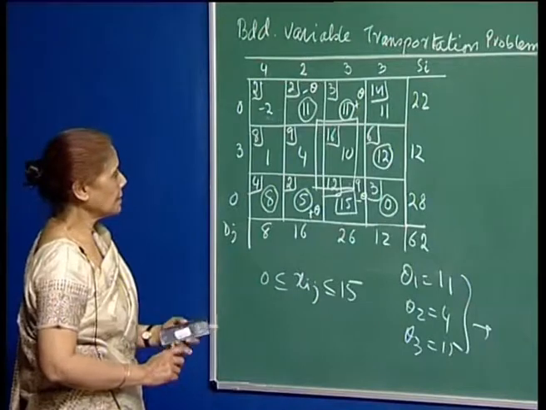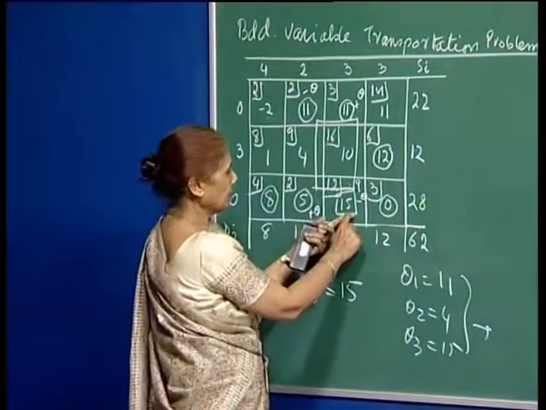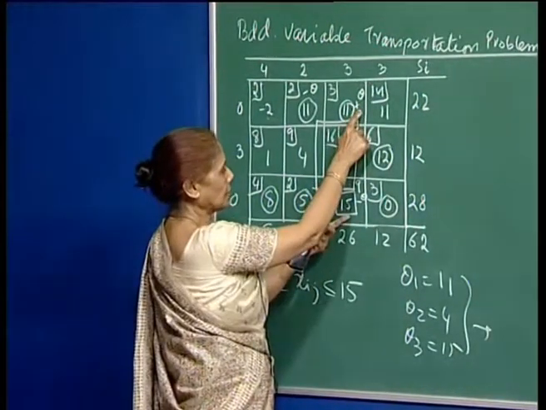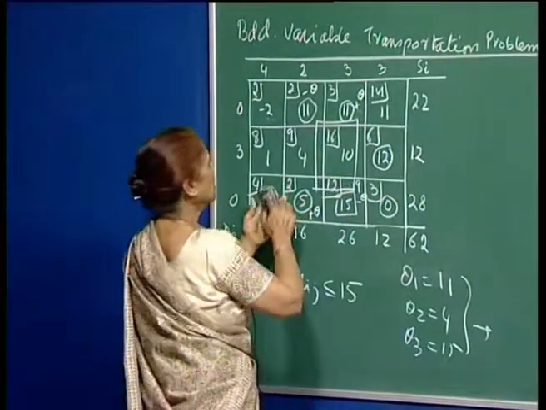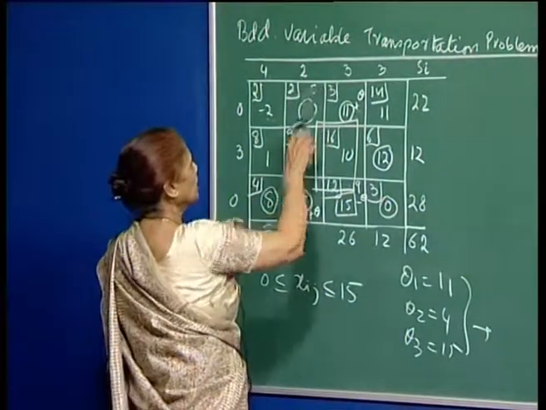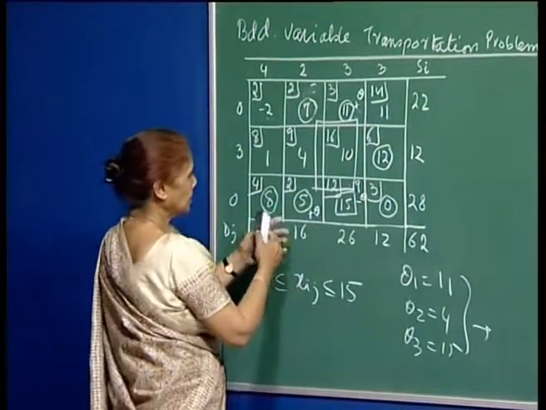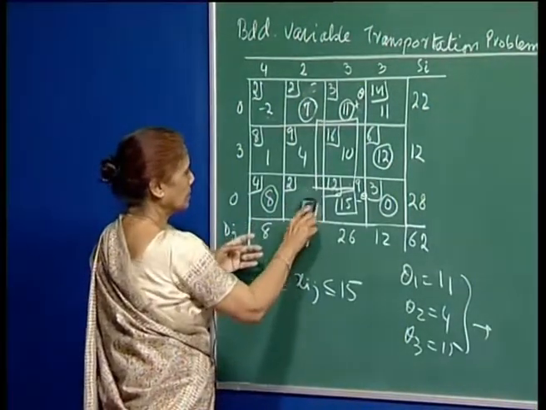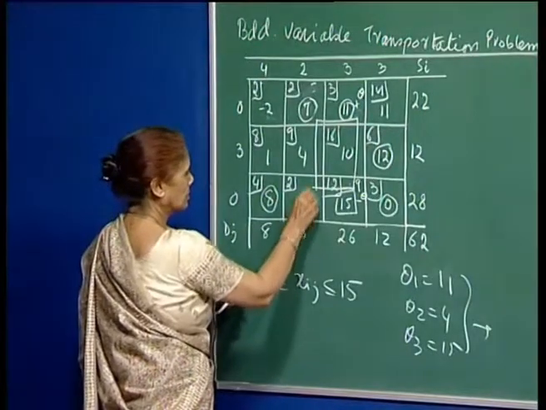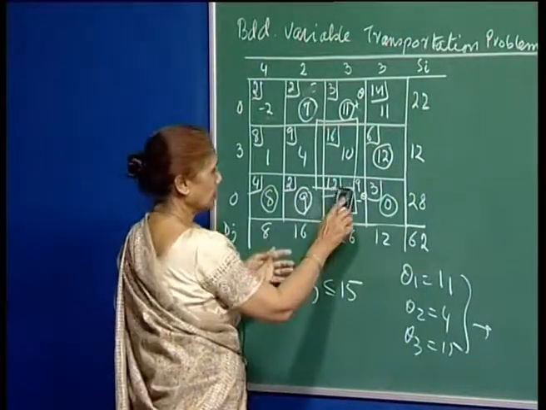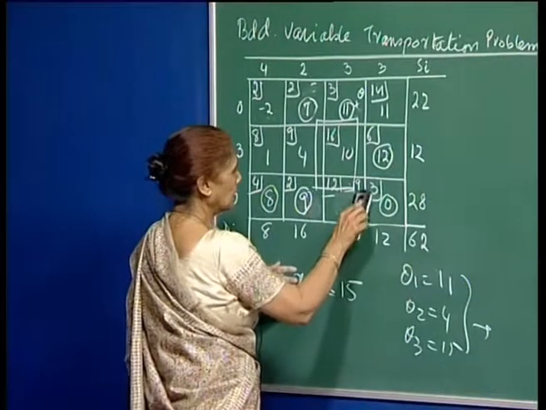And so what will happen is that this will become basic, but this will now become non-basic. So let's quickly do it, and this number will become 7. So 4, this becomes 9, and now this becomes a basic variable at level 11.